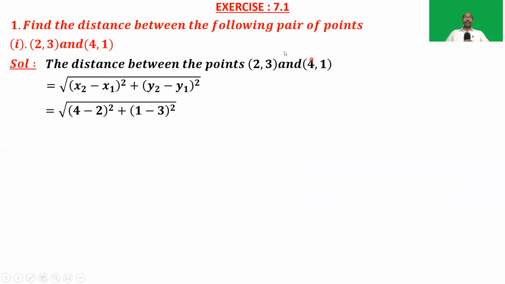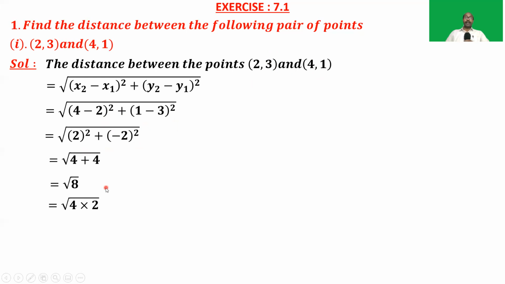So under root (4 minus 2) whole square plus (1 minus 3) whole square. And we know that 4 minus 2 is 2, 1 minus 3 is minus 2. So we get under root 2 square plus (minus 2) whole square, which is equal to root 4 plus 4, and root 8. And now we can write 8 as the product of 4 and 2, where 4 is a perfect square.